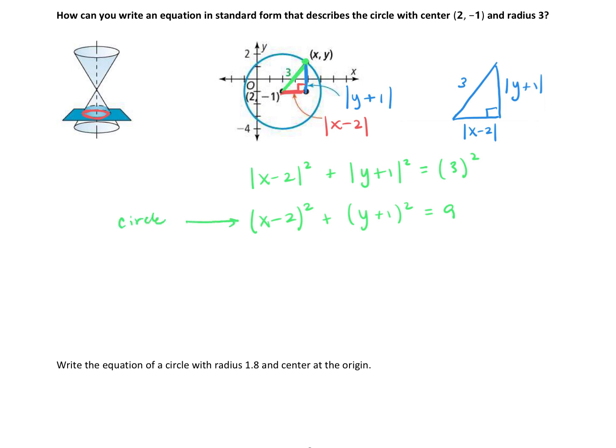What we have is inside the x, x minus, this is our h value, this is our k value, with the center of the circle. The center of our circle is the ordered pair (h, k). So if you notice, the center of our circle is the ordered pair (2, -1).